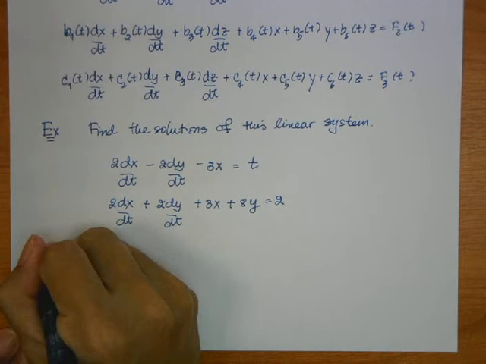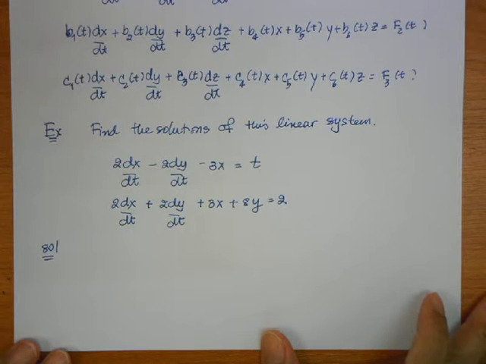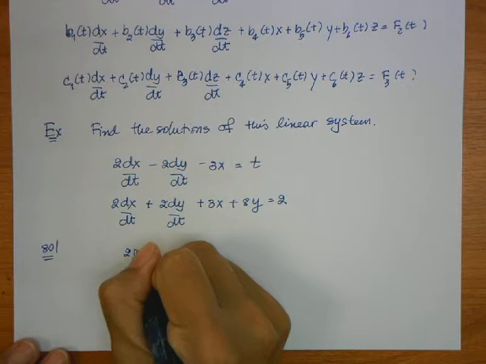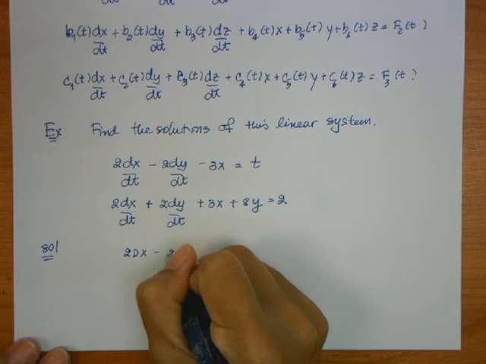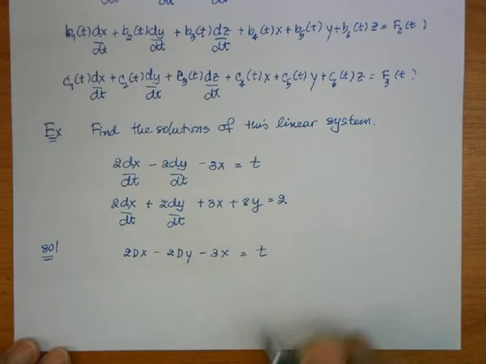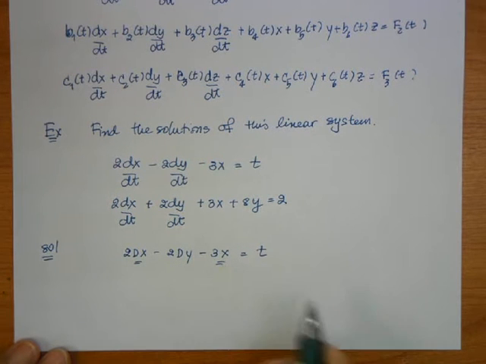Okay? So from this differential equation, we are going to write it in terms of the operator D. The first equation, we would get 2Dx minus 2Dy minus 3x is equal to t. The terms which have x, we put together and then we take x out.